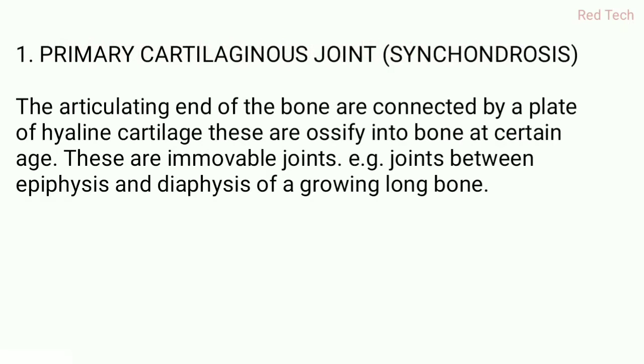Now the first one is the primary cartilaginous joint, that is synchondrosis. That means the articulating ends of the bone are connected by a plate of hyaline cartilage. These ossify into bone at a certain age, so these are immovable joints. For example, the joint between epiphysis and diaphysis of a growing bone.